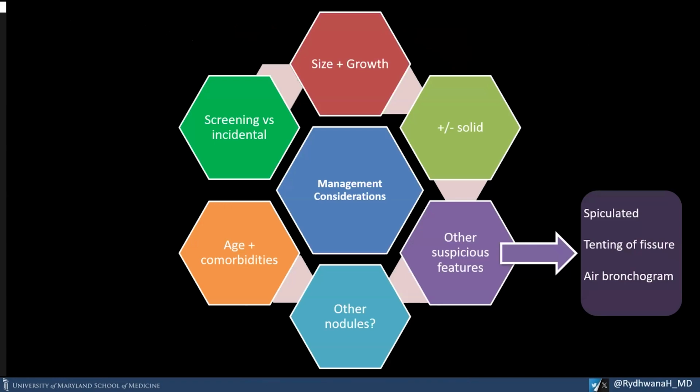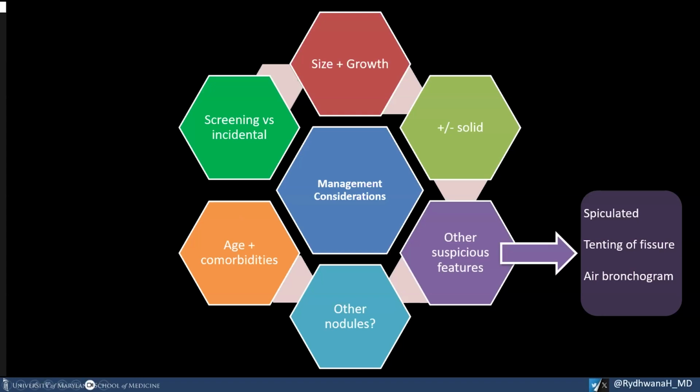You want to see if the patient had any prior imaging to see if there's any growth within the nodule, and whether there's now a development of a solid component if it was a ground glass nodule, which in our case it was. You also want to evaluate the patient's age. Are we talking about a 32-year-old healthy female patient, or a 72-year-old smoker? So comorbidities are very important. And are there more than one nodule?